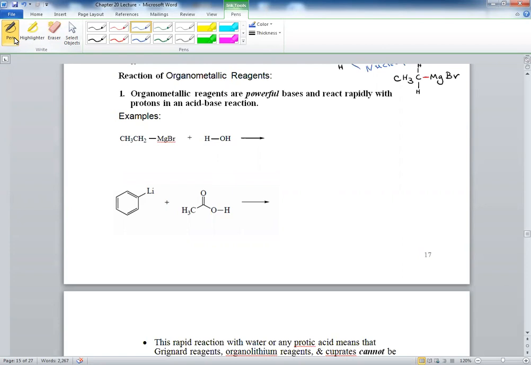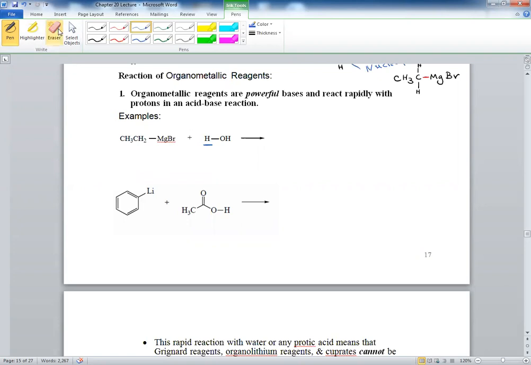All you have to know about acid-base reactions, at least in this case, is that bases attack protons, H's. So this H right here. And obviously you must have a base to attack that proton.